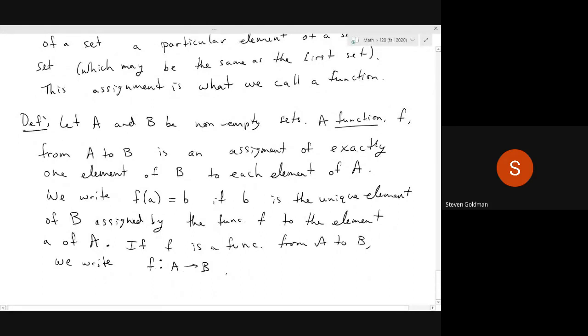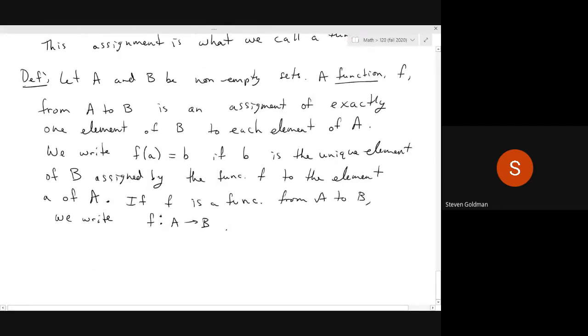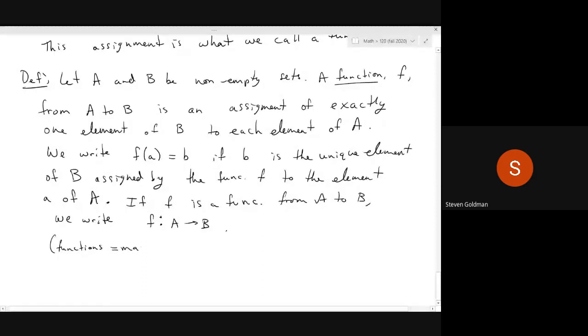That means f is a function from set A to set B. Functions are also sometimes called by other names in different areas of mathematics. They're also sometimes called mappings or transformations.